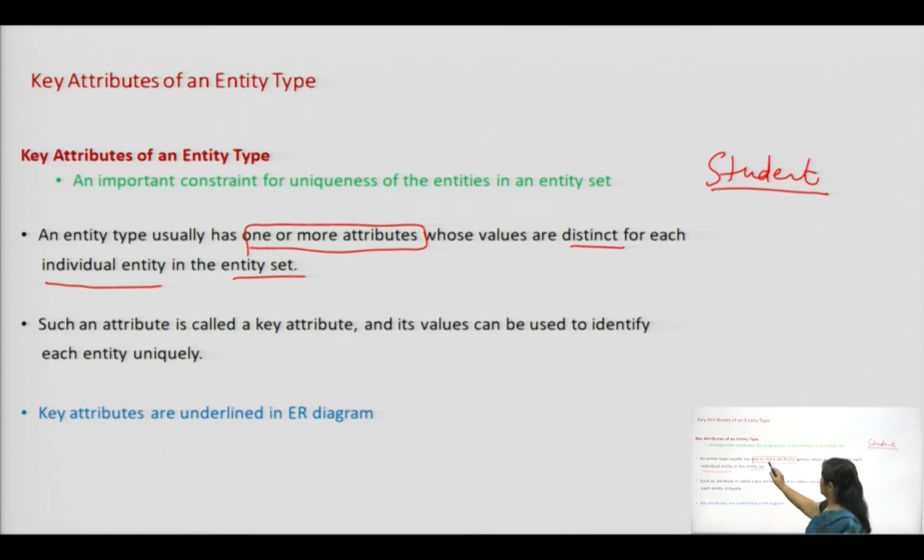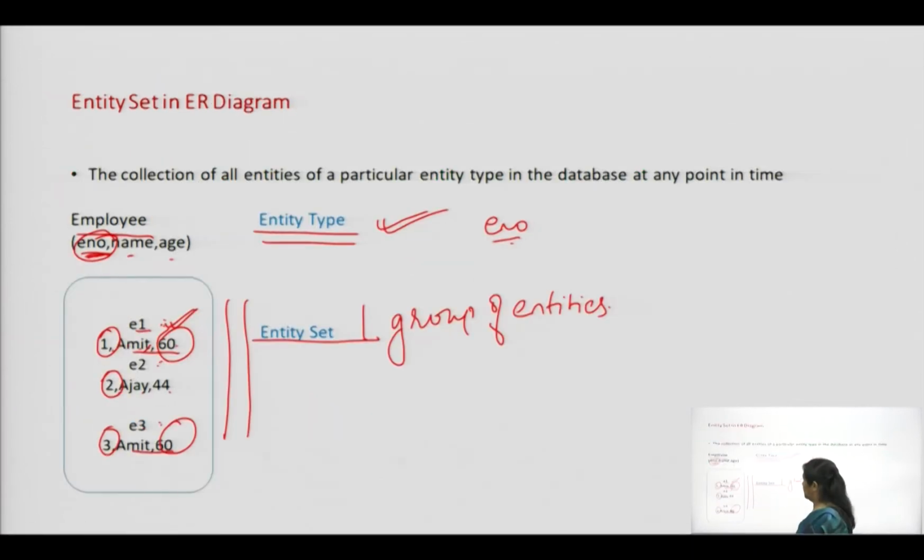and the example I have given you is of one attribute as the key. It can be a single attribute or a combination of attributes that will form the key. And the value of the key is used to identify each entity uniquely, because what is the property of the key?